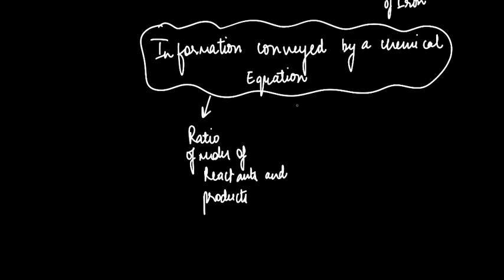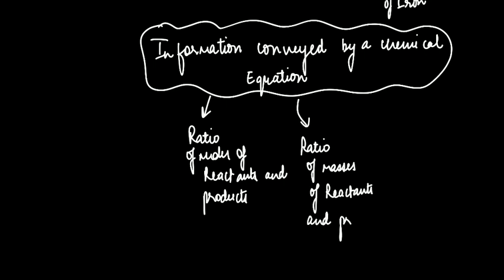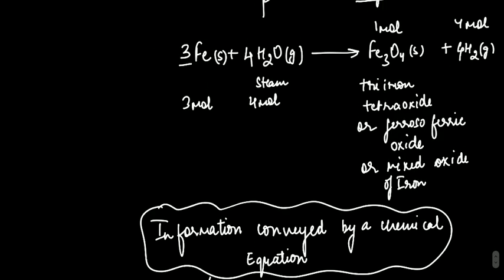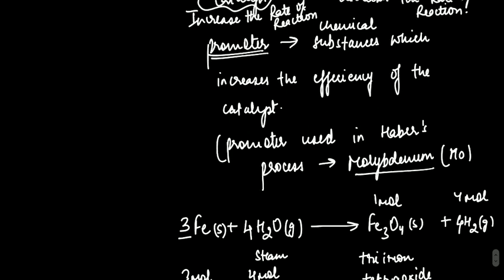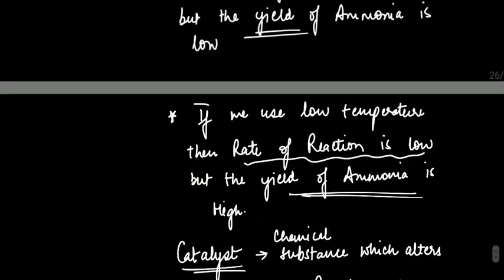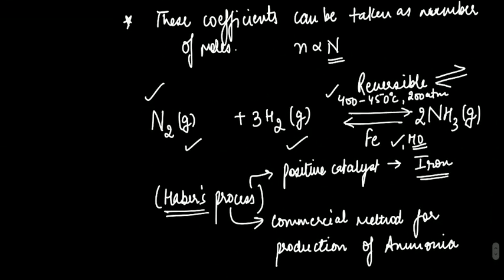Then the ratio of masses of reactants and products. So how to prove this one? Let's go back to this equation, Haber's process. So nitrogen mass is 14, as we have discussed in the previous lectures.